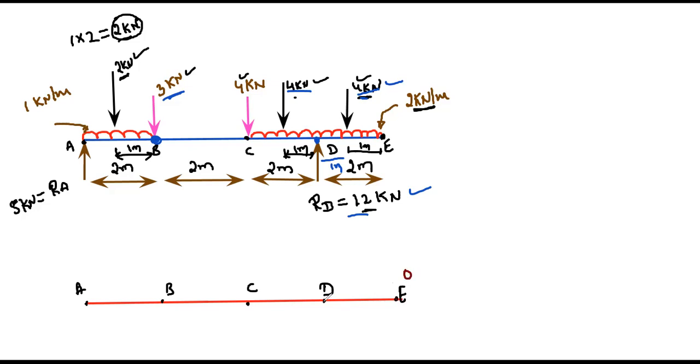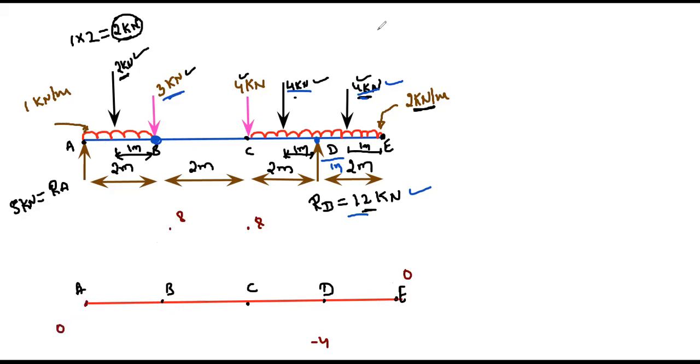At point D, the bending moment is minus 4. At point C, the bending moment is 8. At point B, the bending moment is the same, plus 8. At point A, the bending moment is 0.